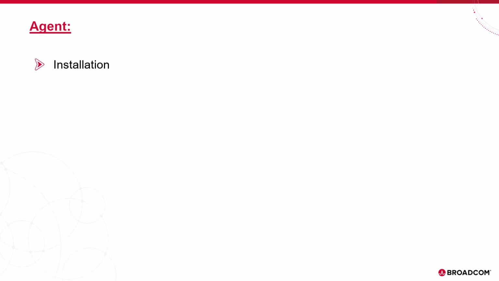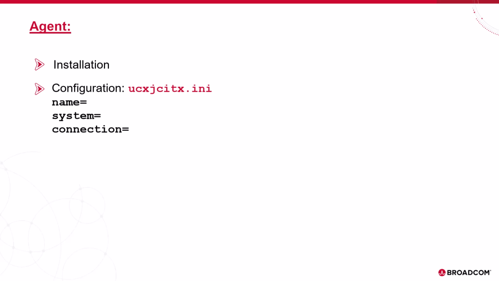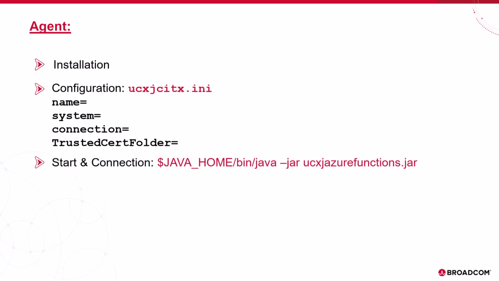Based on the platform, we rename the agent configuration file ucxjcidx and set a minimum of 4 values: the agent name, the AE system name, the host name and port connection to the automation engine's JCP, and finally the directory containing the TLS certificate. Finally, we start the agent by invoking the JAR file via the Java command. The agent connects to the AE and deploys the object templates needed to support the integration, the con or connection object, and the Azure Functions job templates.